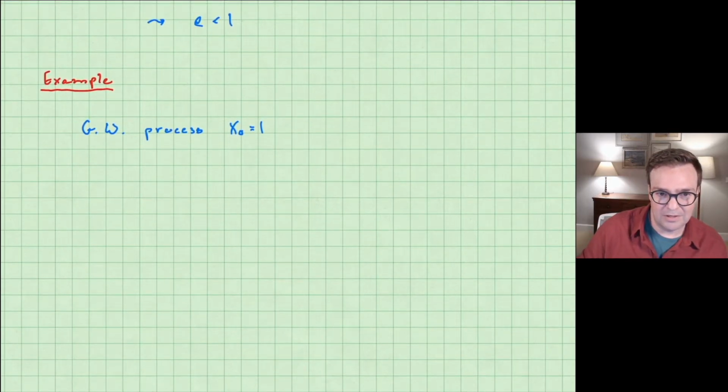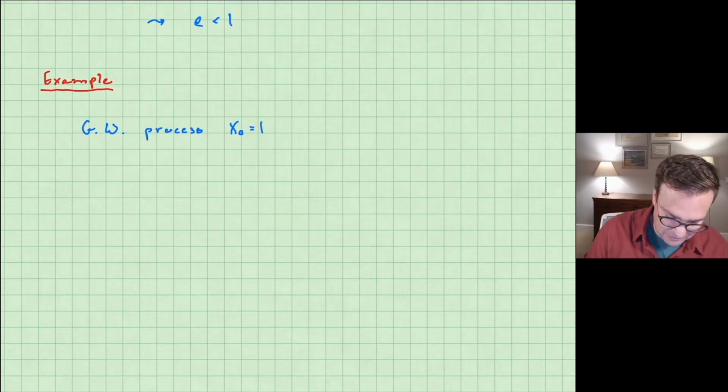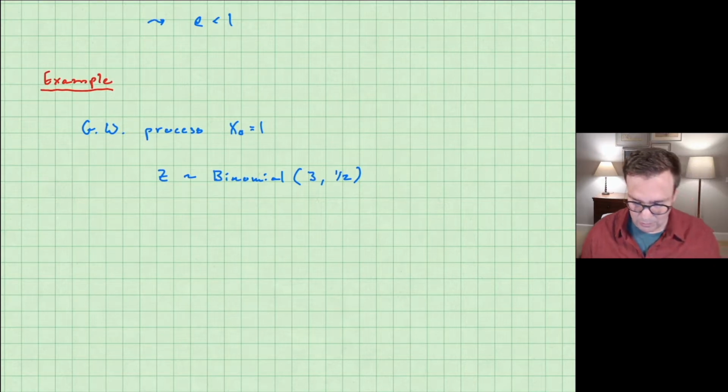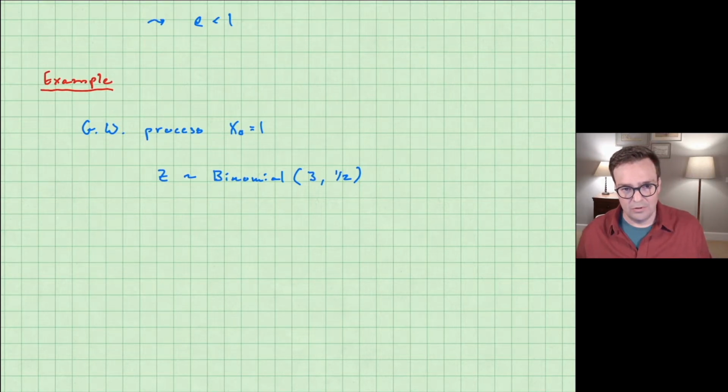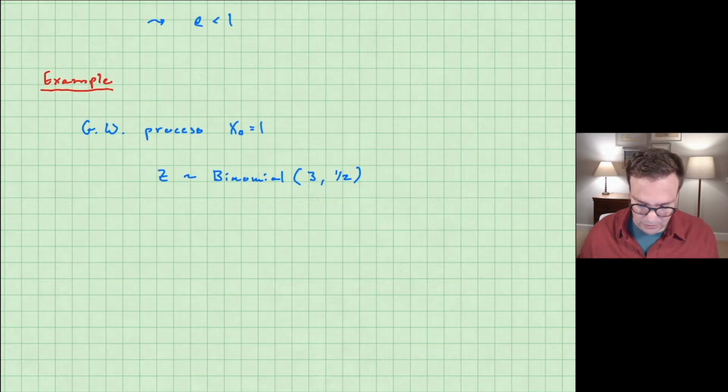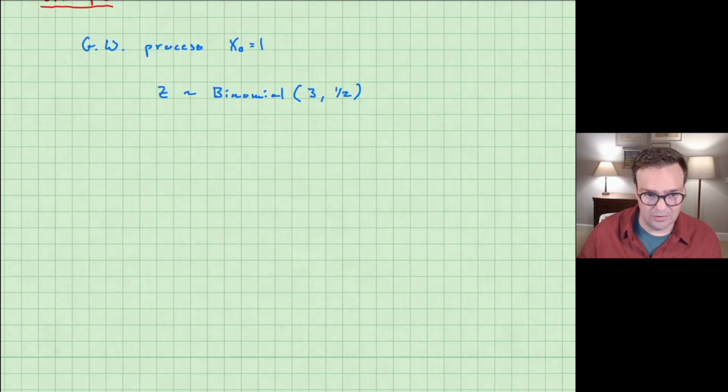And so we're going to say the following. Z is binomially distributed with n equals 3 and p is a half. So we'll suppose that there's equal probability that any individual child is with or without the trait that we're interested in.